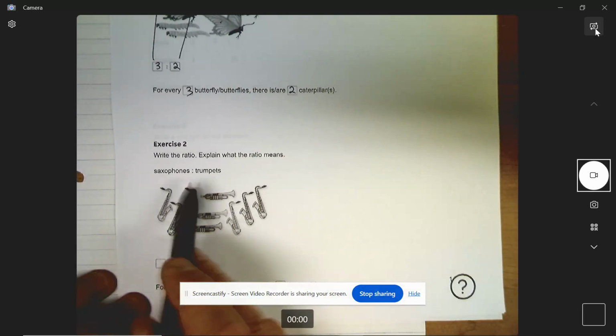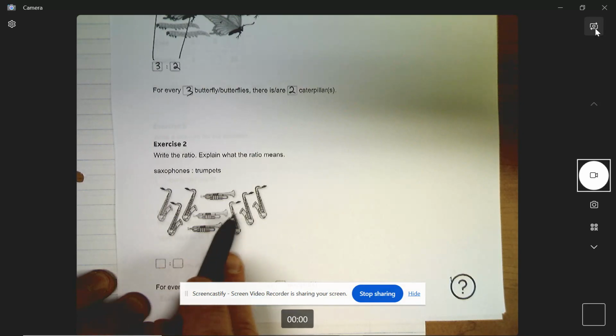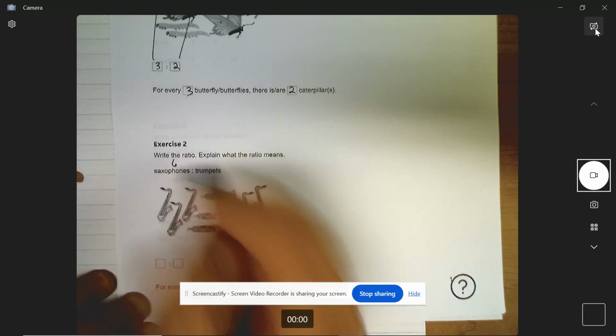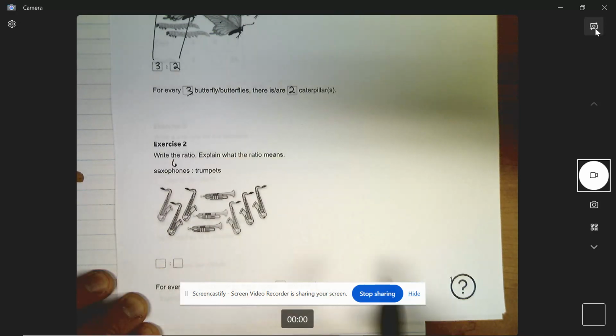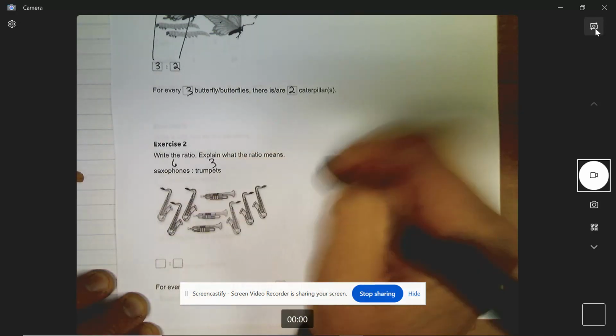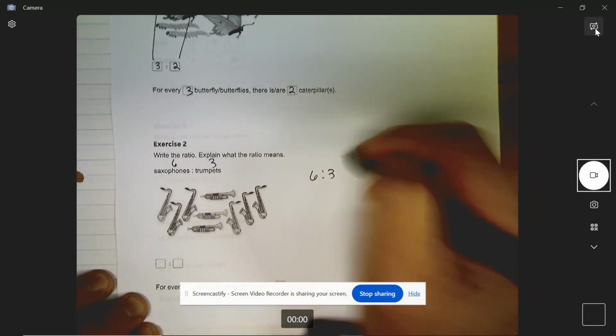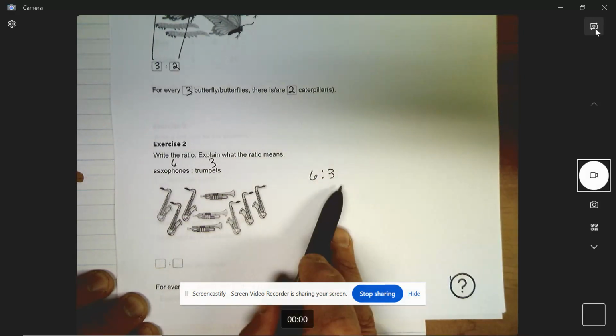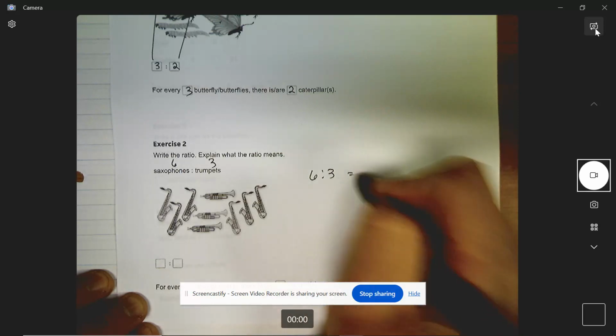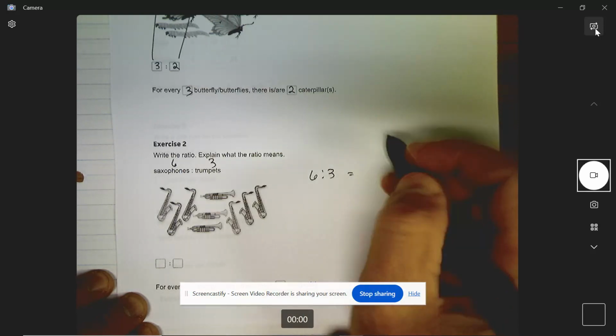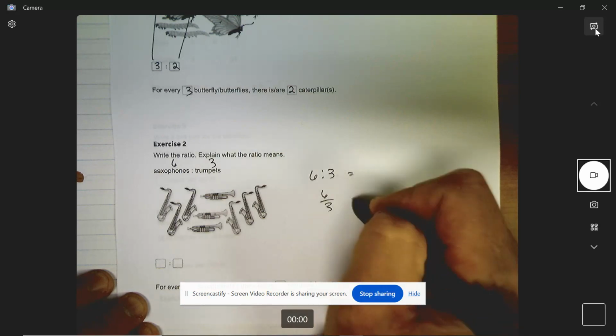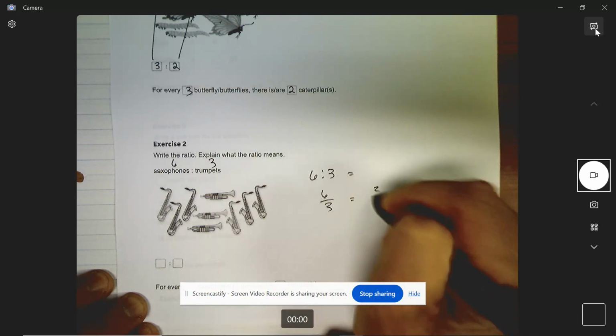First of all, how many saxophones do you see in this picture? There are 6 saxophones. And how many trumpets? 3 trumpets. So this is really a 6 to 3 ratio, which is the same thing as, if you simplify that, a 2 to 1.